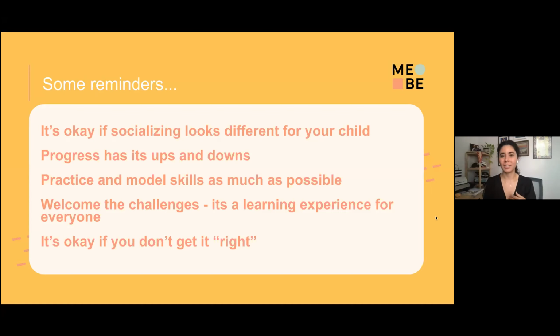Maybe little Jimmy always wants to help you make dinner, but you're always like, oh, one time he put too much pepper in and he ruined it. Maybe you can also practice and model a little bit of cooperation. Maybe Jimmy isn't going to do pepper this time, but he can absolutely stir in the bowl. That's something he's great at. So practicing and modeling that as much as possible whenever you can bring it in is so beneficial.